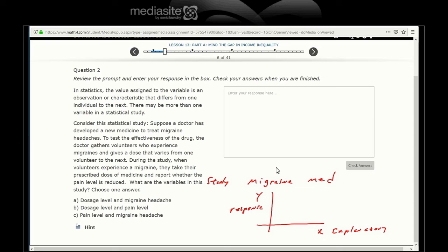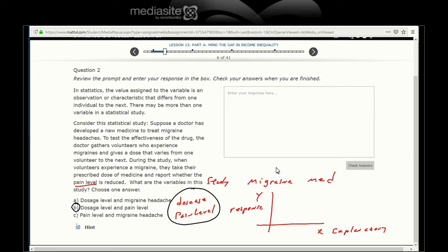So for the migraines, we're doing two things. We'll have dosage of medicine, and we're going to measure this: report whether the pain level is reduced. And pain level. So migraines to study. Our variables are pain level and dosage, which I guess is what the question is. So that would be B.